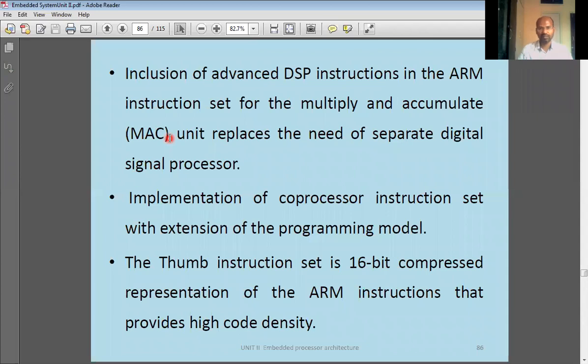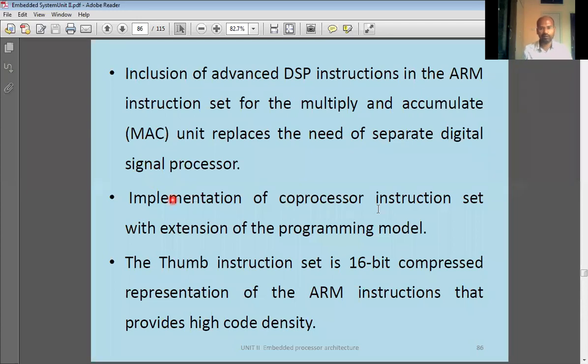Because of the MAC unit, you don't need a separate DSP processor. All the DSP related algorithms can be implemented because of this MAC. Otherwise, you can still implement them, but it takes a lot of time for the DSP algorithm to execute. But anyway, we have MAC, so that avoids the additional DSP processor.